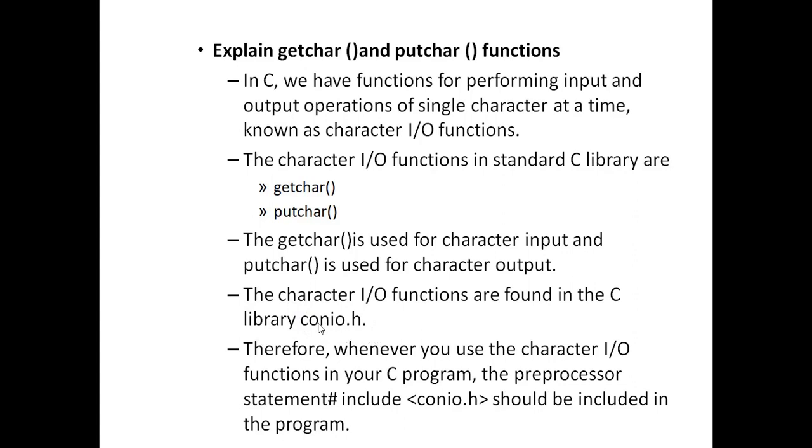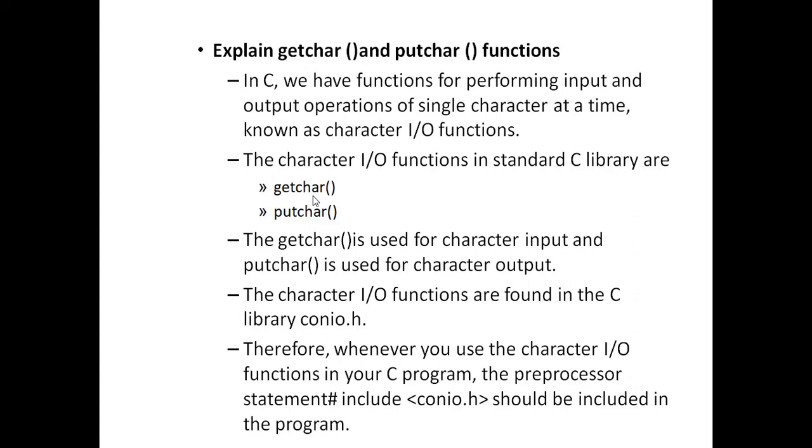Whenever you use the character IO functions in your C program, the preprocessor statement #include <conio.h> should be included. So whenever you are using getchar and putchar, you have to include this preprocessor directive. Conio means console input output header file.